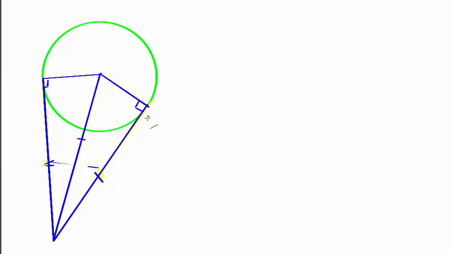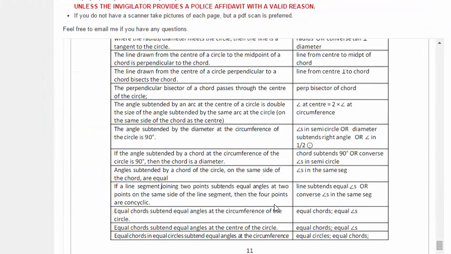They've got a common side, the hypotenuse. So we've got the hypotenuse and one other side, the radius, which is sufficient to show congruence, and then those are equal. So it's a very easy proof, so it's unlikely that they will ask it.